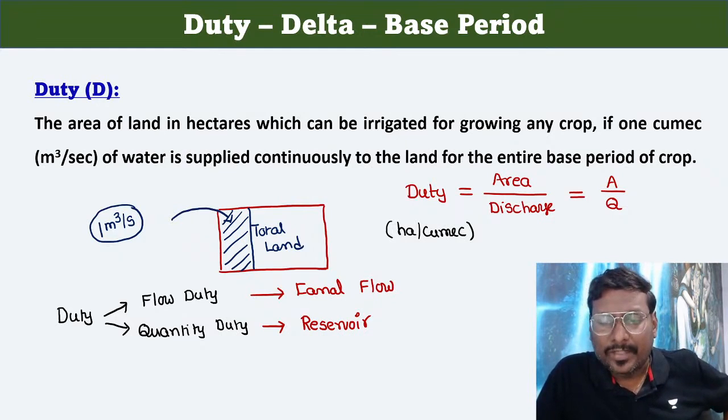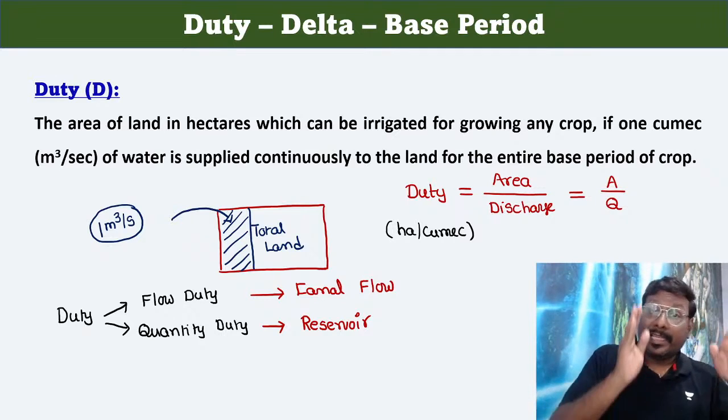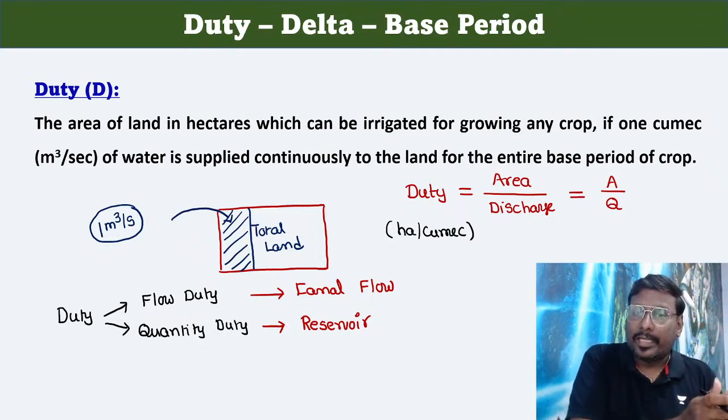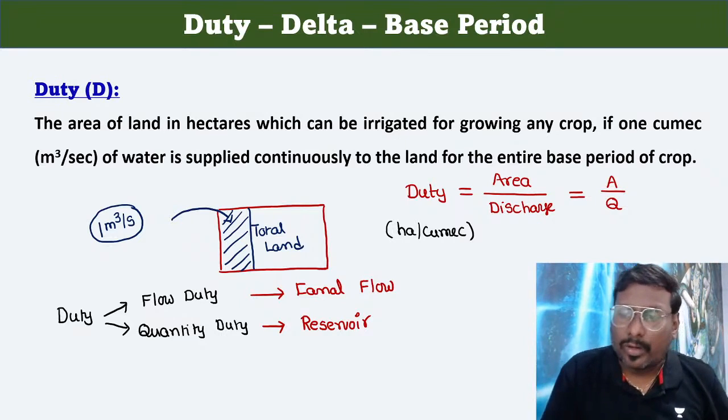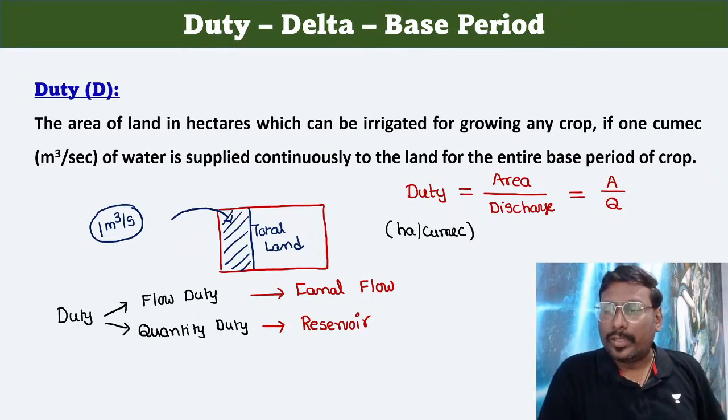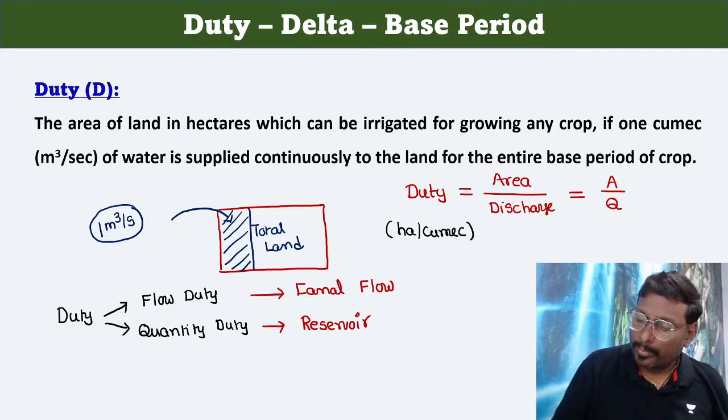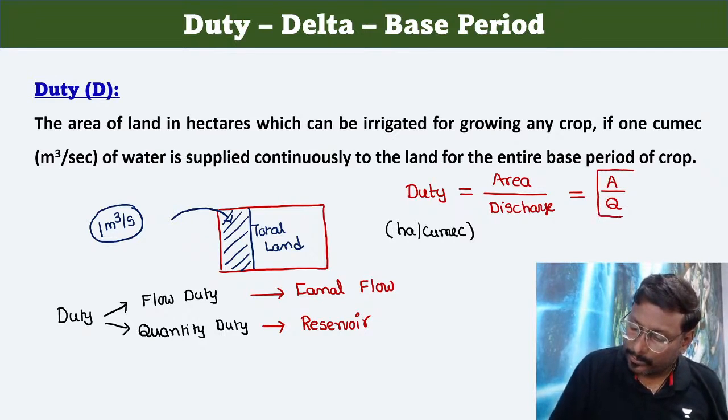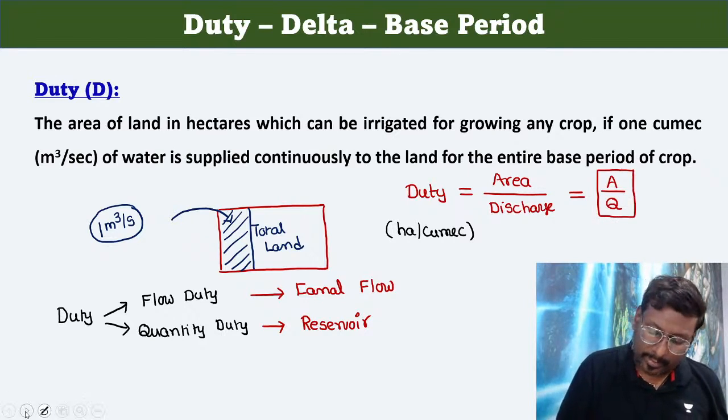At the head of the reservoir, that is quantity duty; at the tail of the reservoir, flow duty. You got the point? That is duty of water. So remember D is equal to A by Q.